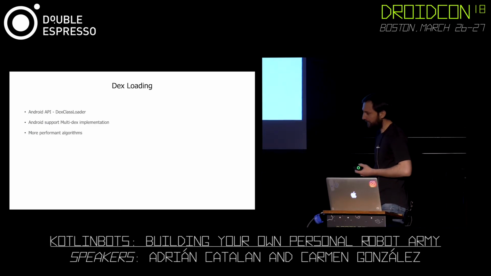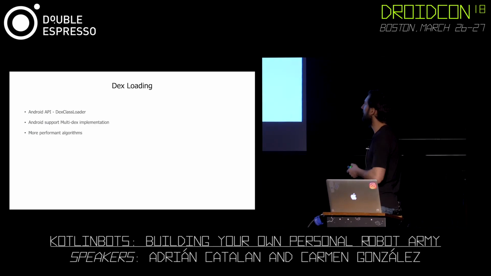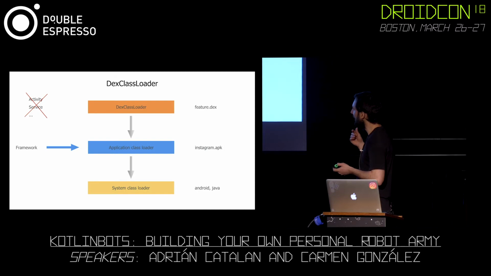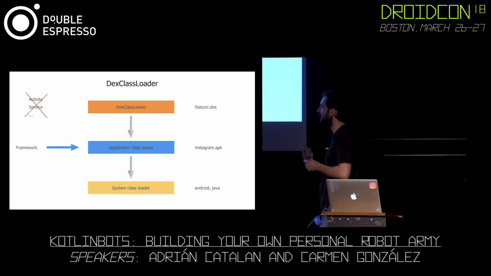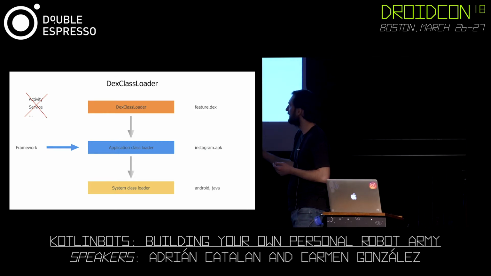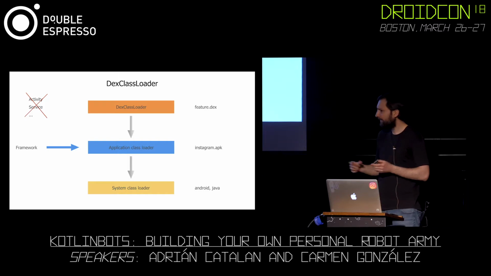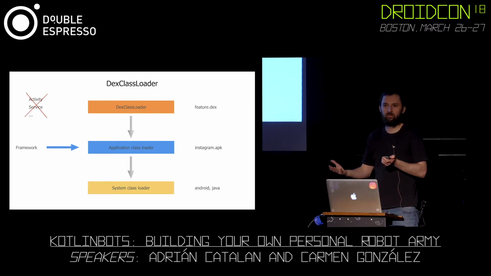We would create a DexClassLoader and point it to our feature dex file, then add it into this chain. But the problem is that if your feature dex file contains Android components, like an activity or a service, this wouldn't work. Notice that we don't actually create activities or services.